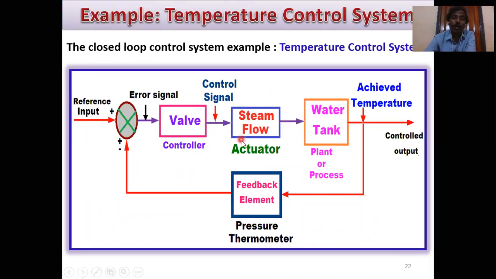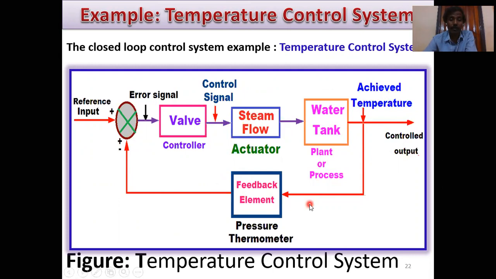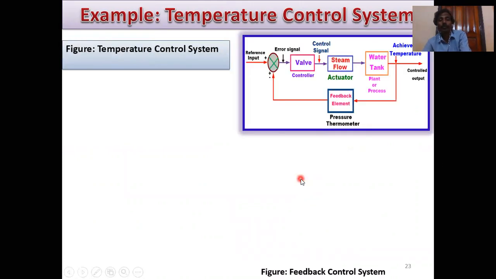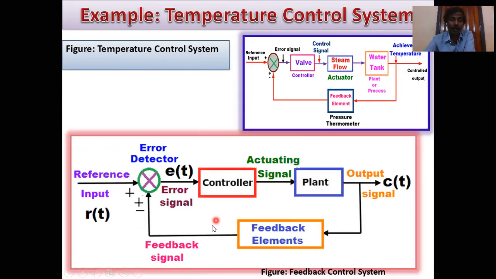The steam flow section is called the actuator, and the actuator output signal is called the actuator signal. This is the achieved temperature or controlled output, and this path is the feedback path. Feedback may be positive, may be negative. So this is the block diagram for temperature control.